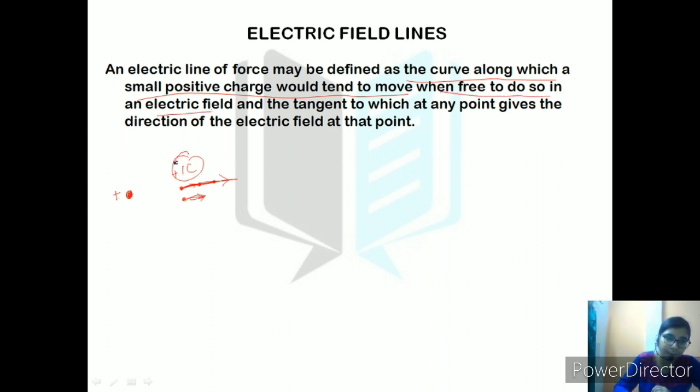That means here we have placed this unit positive charge in the electric field of this charge. Okay, then because of the electrostatic force, it is trying to move along this curve. Okay, this imaginary line along which it is tending to move. Okay, this imaginary curve is called its electric line of force.